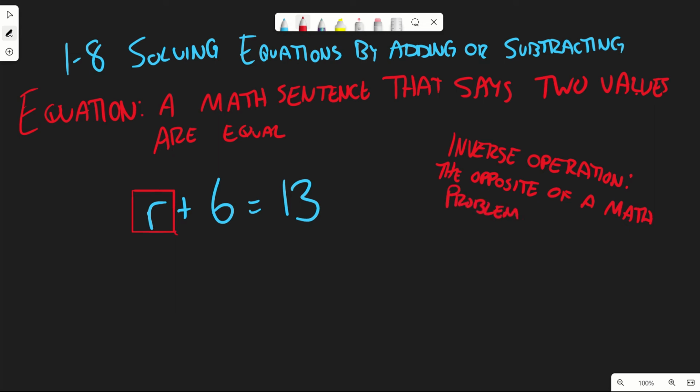So this says plus 6, so I'm going to do the opposite, which would be minus 6. That's going to get rid of this 6 over here. I now no longer have a 6.